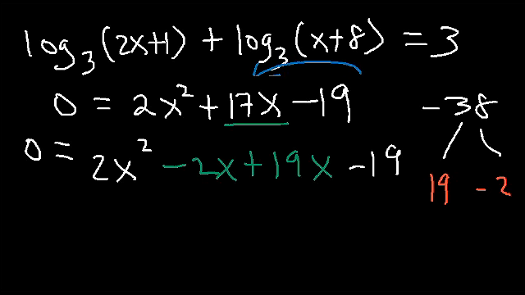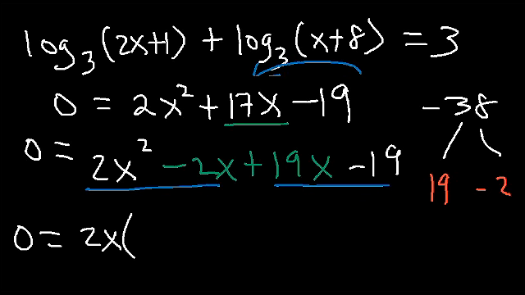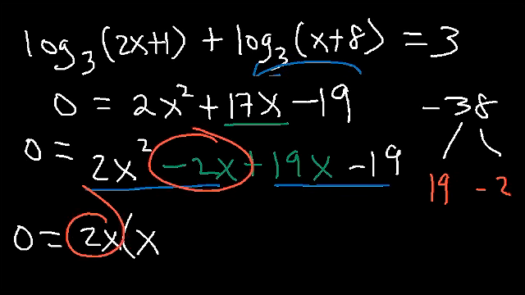Now at this point, what you want to do is factor by grouping. You want to factor out the GCF, the greatest common factor, from the first two terms. So what can we take out from 2x squared and 2x? The most that we can take out is a 2x. 2x squared divided by 2x is equal to x, and negative 2x divided by 2x is equal to negative 1.